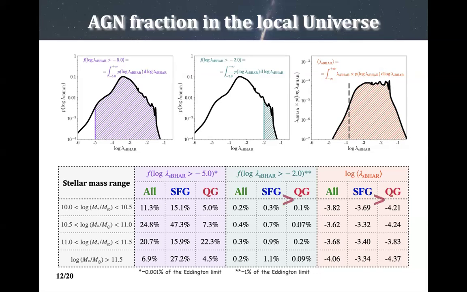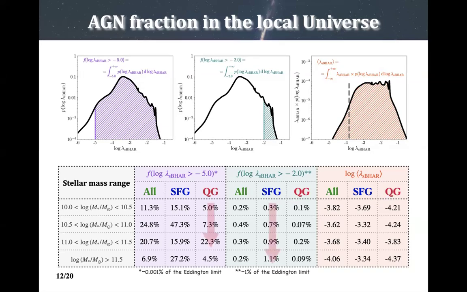Also, in numbers, the fraction of bright AGN in quiescent galaxies is significantly lower than in star-forming ones. If you calculate the average black hole accretion rate in the local universe, you also see that supermassive black holes in quiescent galaxies accrete slower compared to star-forming galaxies.